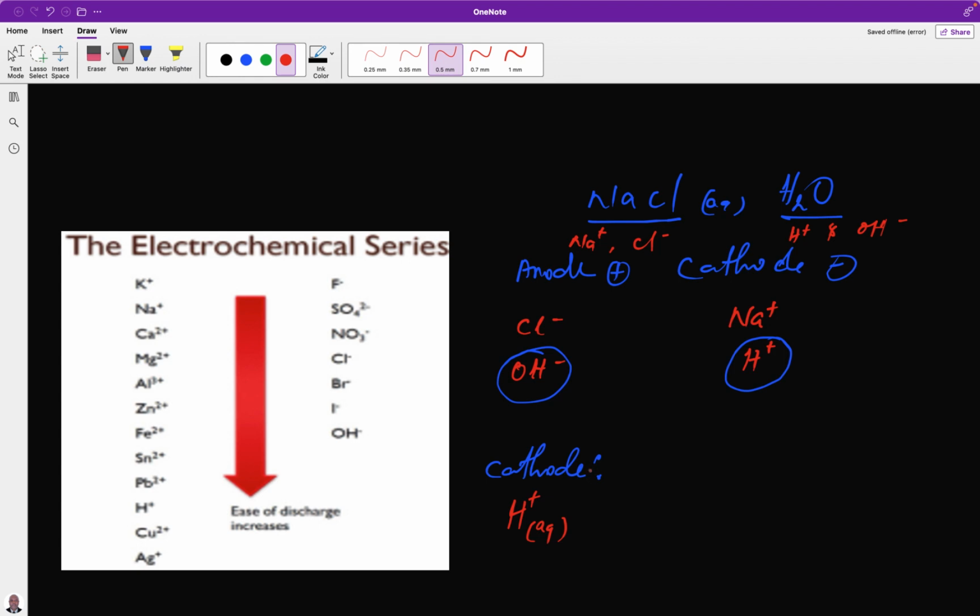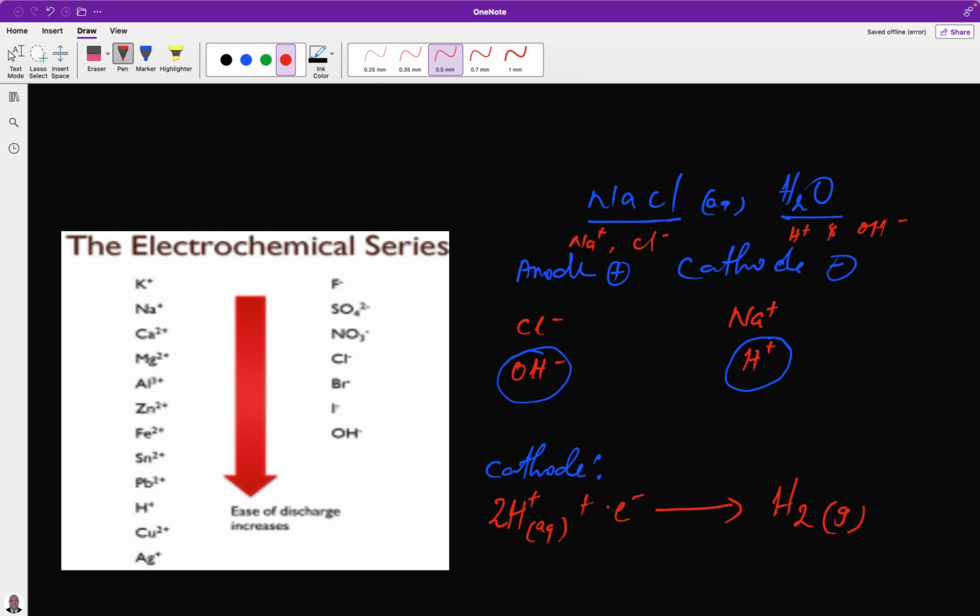It's going to gain electrons to form what? Hydrogen gas will be produced. In balancing this, we will have 2 here. And in order to balance it, there will be 2 electrons gained.